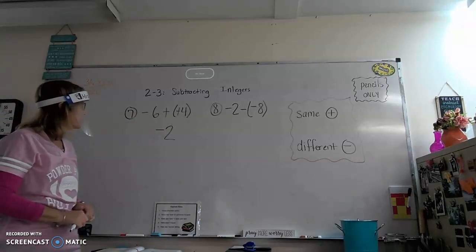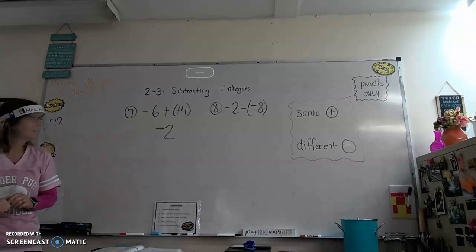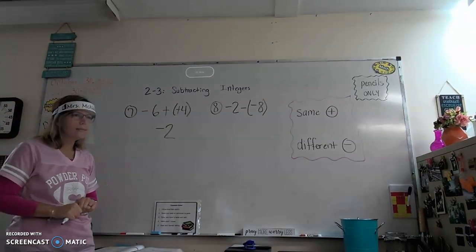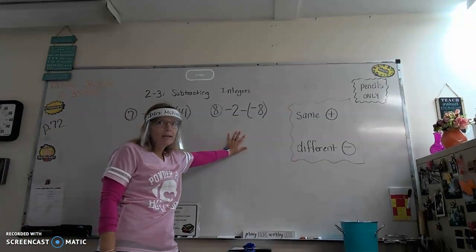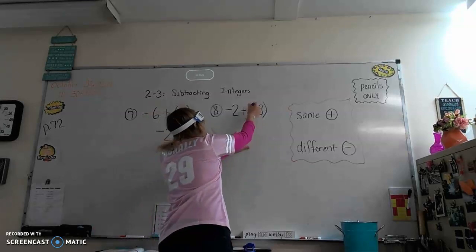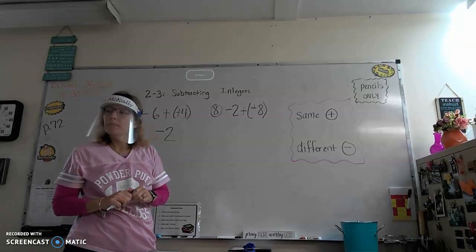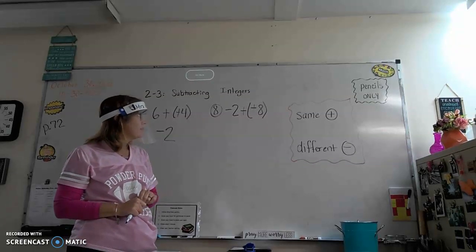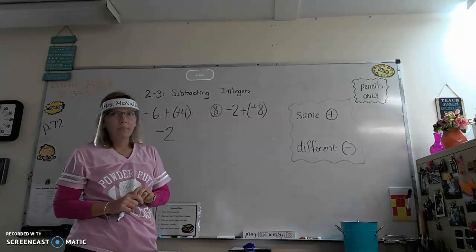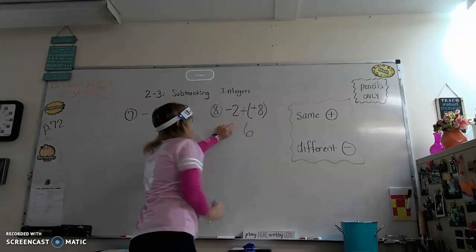Okay? Okay, brain break. So somebody else has to tell me what to do with number 8. Holden? Make a negative positive. Okay, first, those guys become positive, and then what? Subtract 8 minus 2, which is 6.